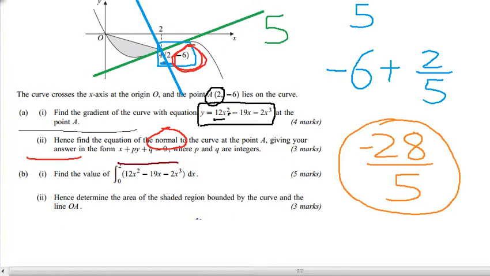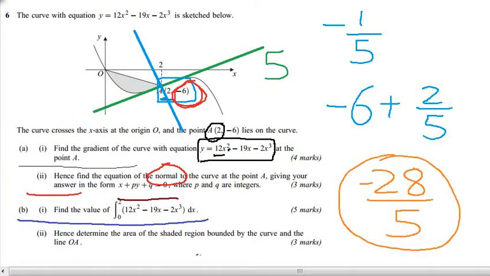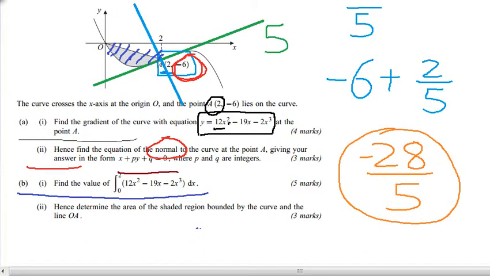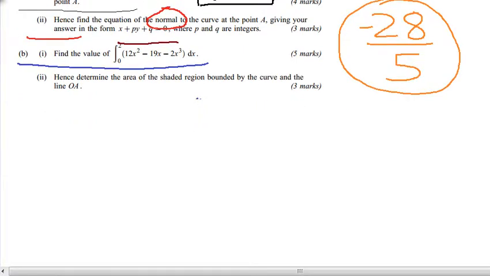Next question. This is integration. This is designed to test your integration abilities. So we've got to integrate between 2 and 0. If you look on the graph, we've got to find out what that area is there. So let's ignore the 2 and the 0 for a minute. Let's just integrate as if there was nothing there.